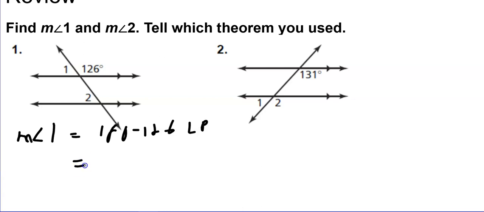So that means it's going to equal 54 degrees. And then the measure of angle 2 is going to be 54 degrees because they are corresponding angles.